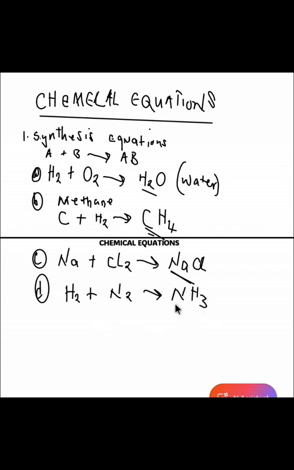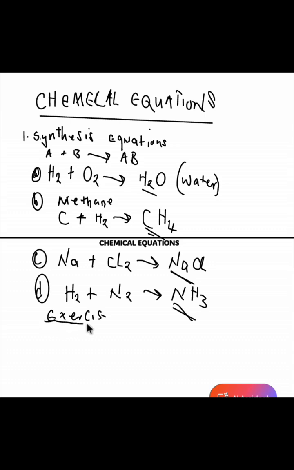When that happens, you form a simple compound known as ammonia. So this is what we meant when we said simple elements reacting together to form a bigger, larger compound.